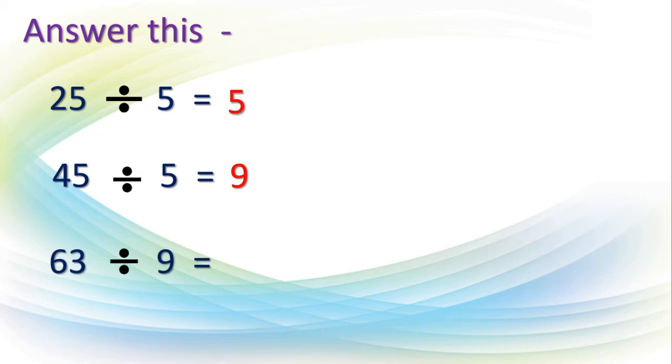63 divided by 9. Come on, tell me the answer. Yes. 9 7s are 63, right? 20 divided by 2. That is nothing but 10.